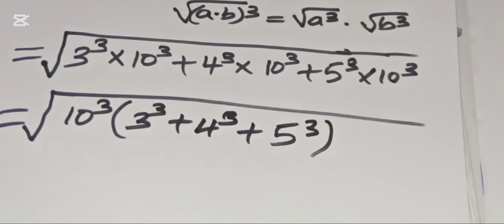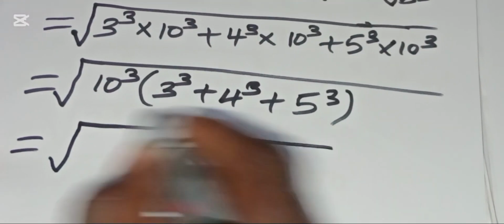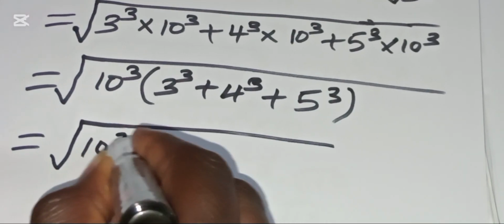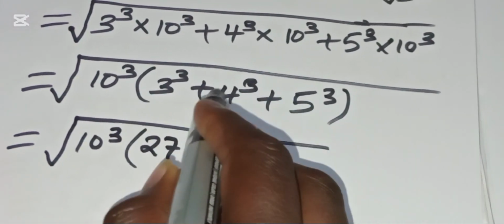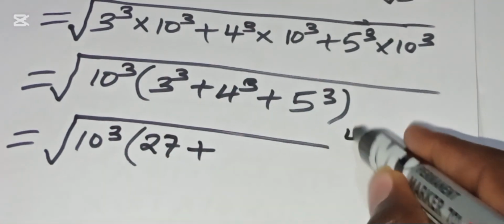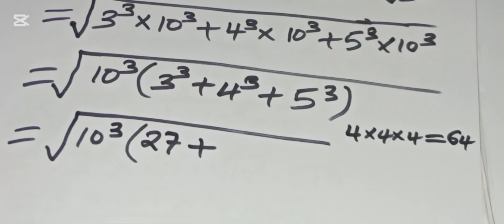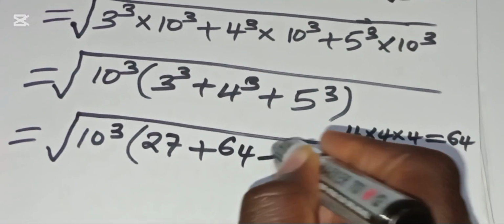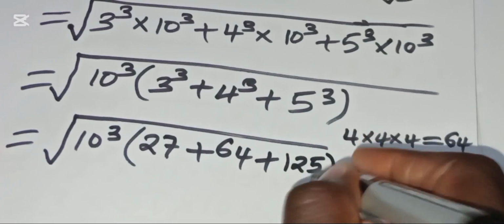This is equal to 10 cubed times 27 plus 4 raised to power 3, which is 4 times 4 times 4, equal to 64, plus 5 cubed, which is 125.